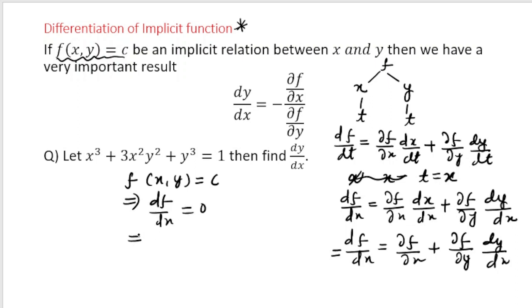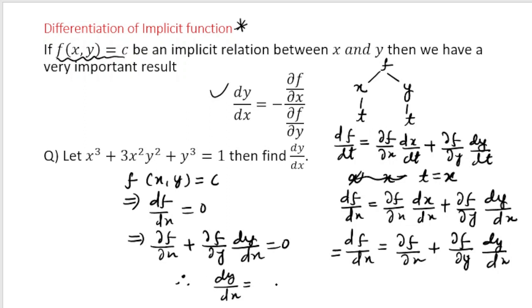So df/dx using this expression can be written as ∂f/∂x + ∂f/∂y · dy/dx, and this is equal to 0. So if we simplify, dy/dx can be written as minus ∂f/∂x divided by ∂f/∂y. So we use this concept to solve some problems.